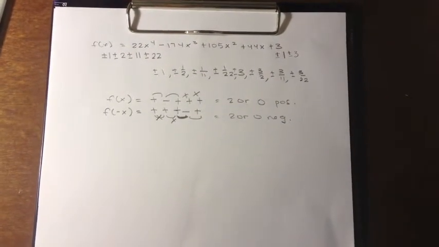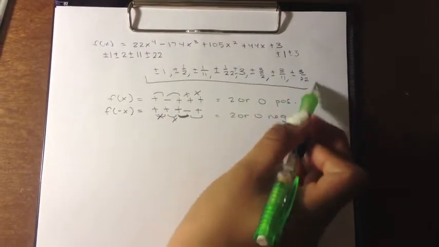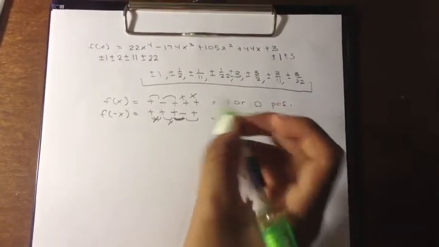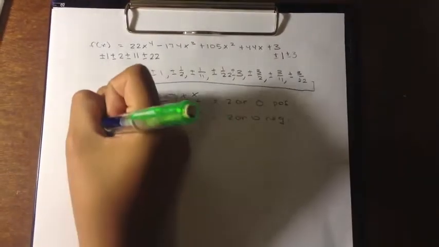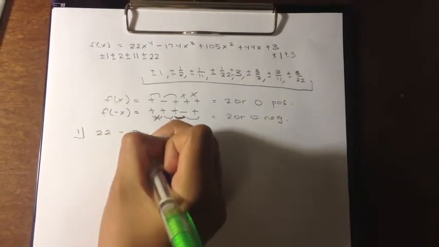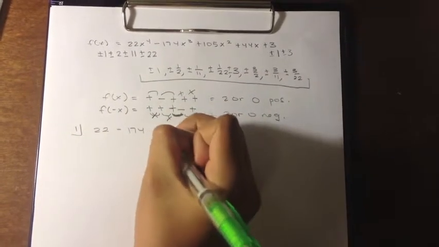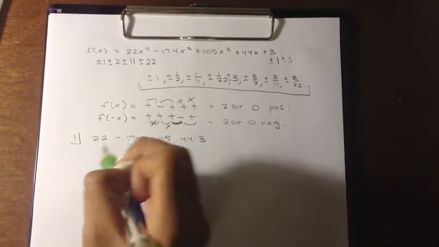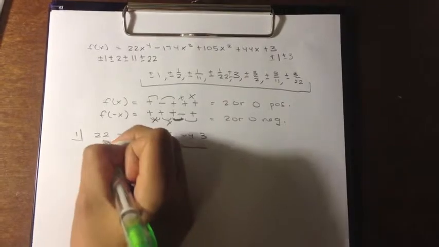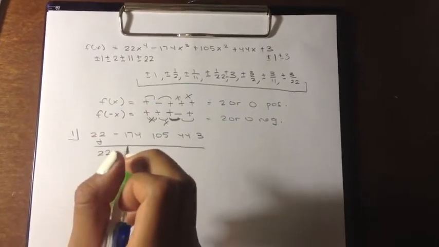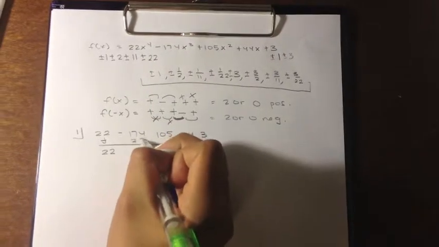Then after, we can use any of these numbers to find zeros. So I'm going to start off with 1 using synthetic division. So 22, negative 174, positive 105, 44, and 3. So we bring down the 22. 22 times 1 is 22.